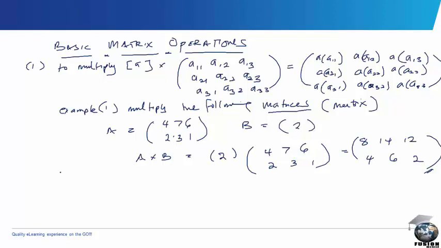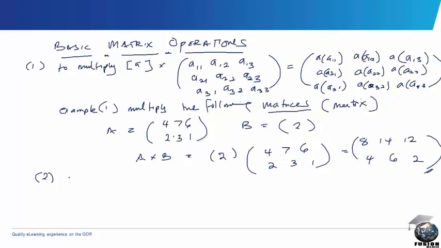And then the other condition for multiplying matrices, number 2, states that when two multiple matrices are to be multiplied, the number of columns in the first matrix must be equal to the number of rows in the second matrix.